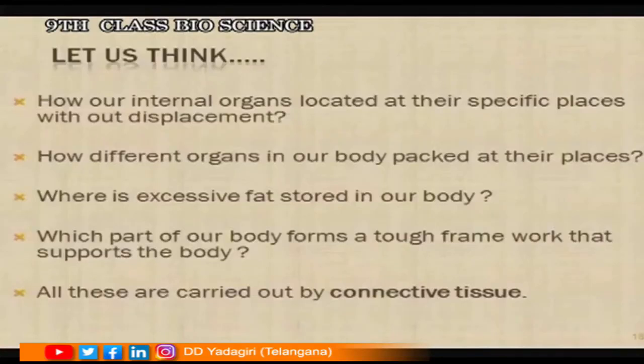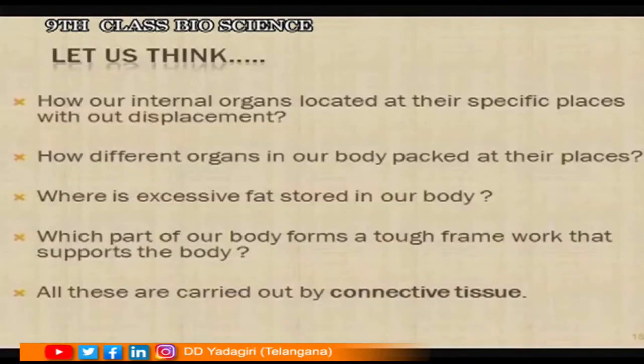Sometimes fat is stored in our body. Where is this fat stored in our body? Our body has a specific shape. Which organs give this specific shape to our body? All these are carried out by a tissue called connective tissue.